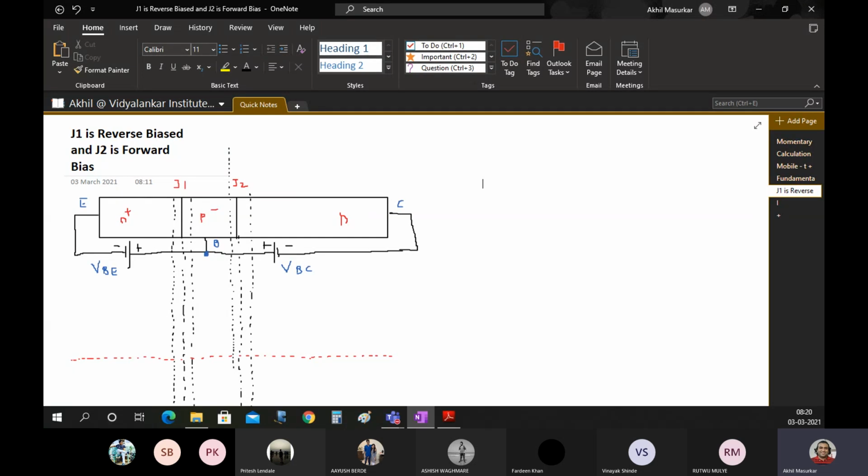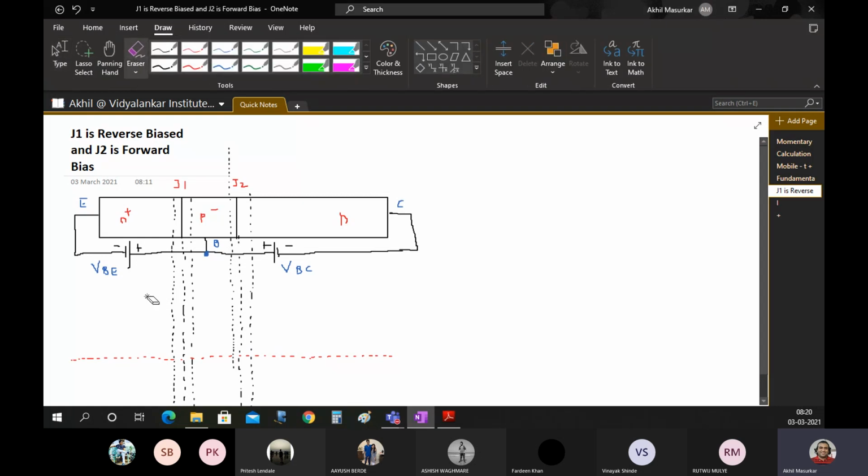So now what is the change inside this? The change will be only in the way in which we apply the voltages. That's it.